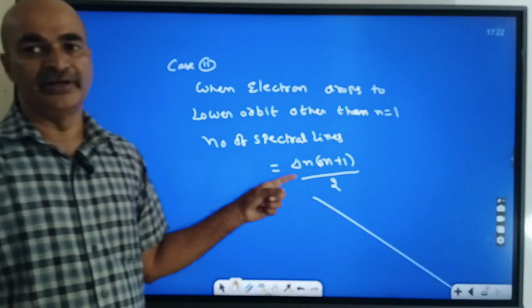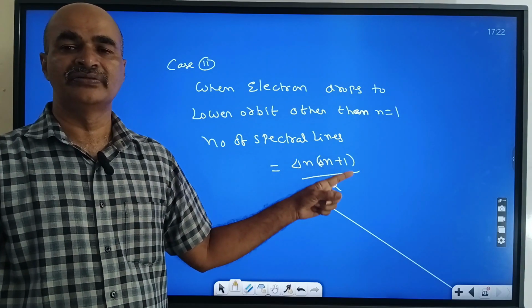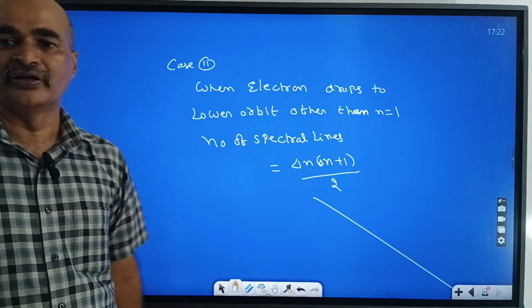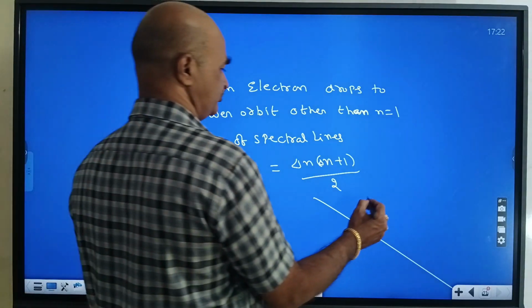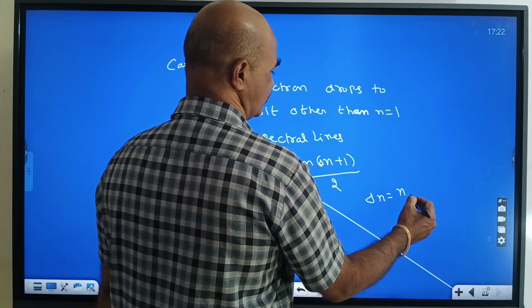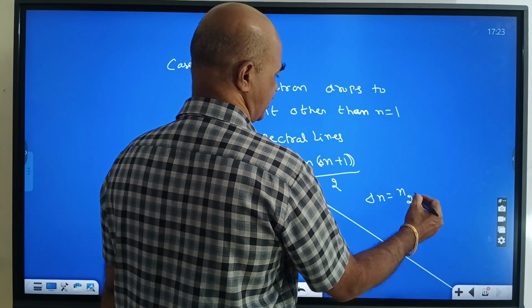Sorry, I made a mistake. Delta n into delta n plus 1 divided by 2, where delta n is equal to n2 minus n.